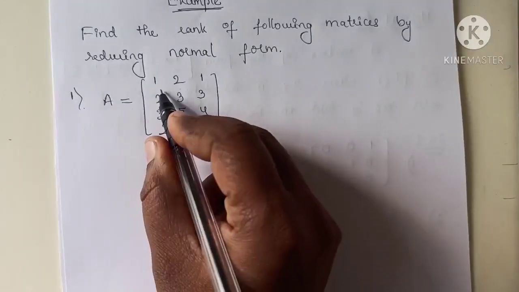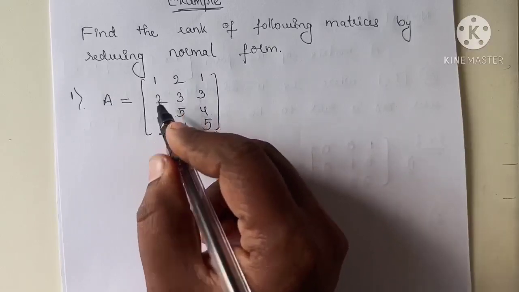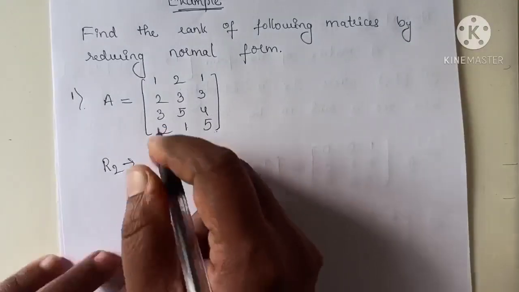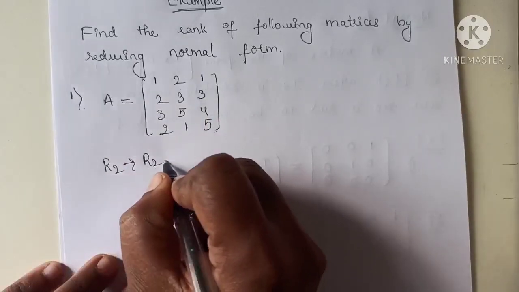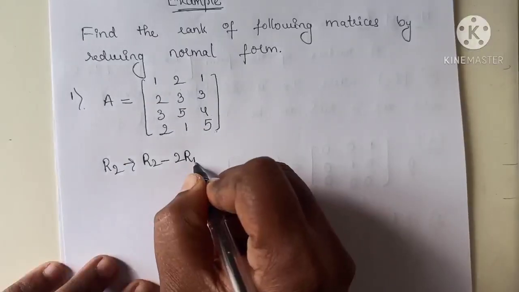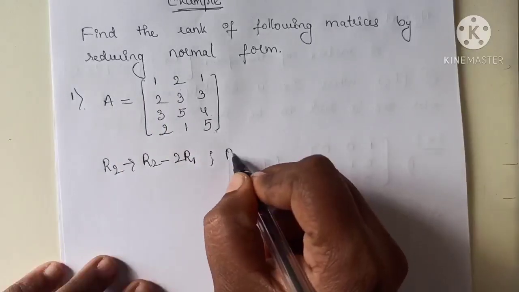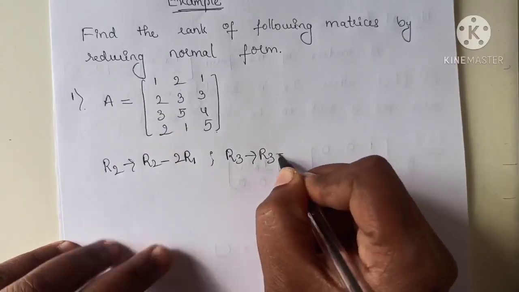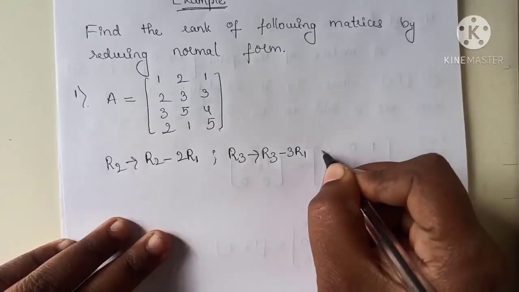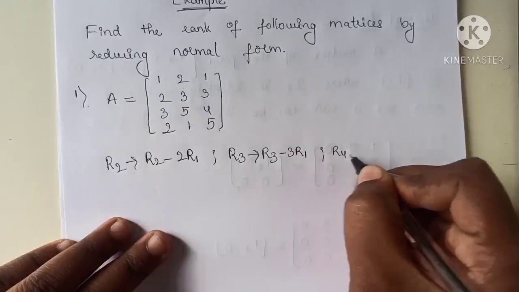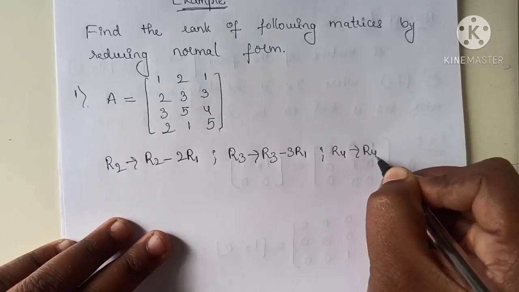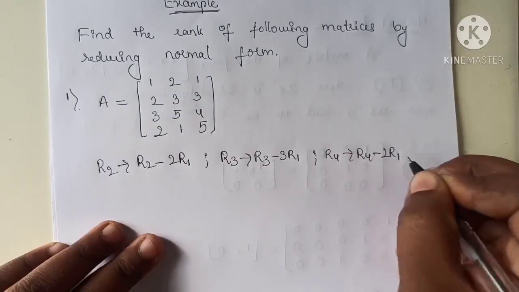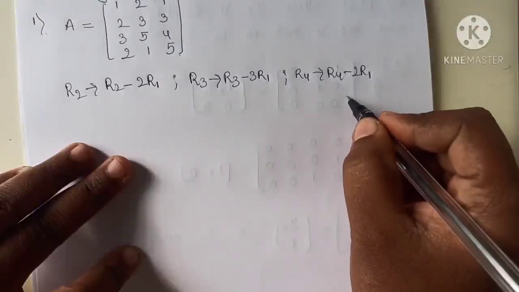First we apply the row operations: R2 equals R2 minus 2 R1, R3 equals R3 minus 3 R1, R4 equals R4 minus 2 R1, okay.